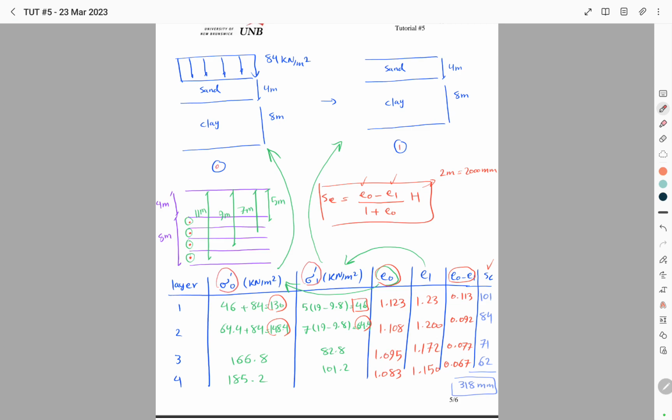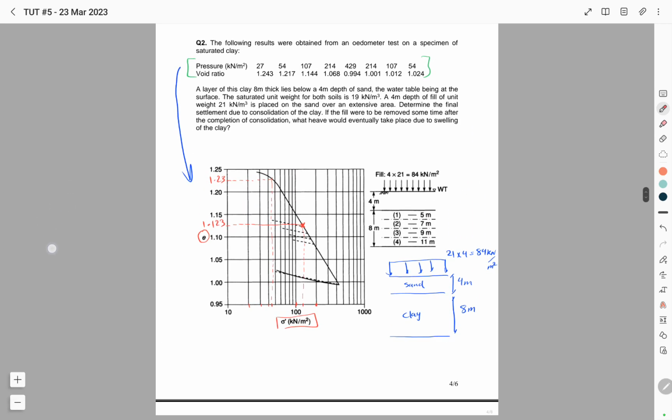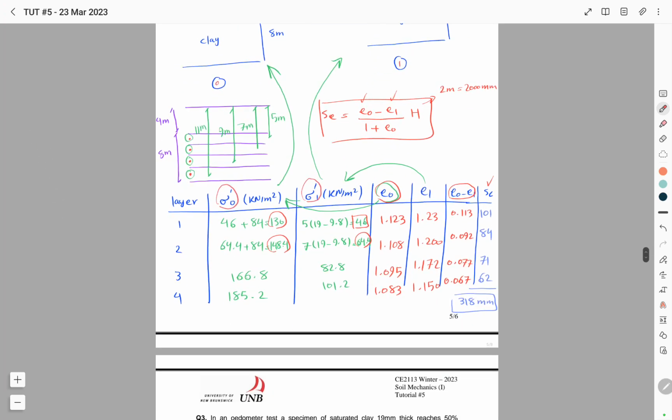And the values are calculated in the same way that we explained in the previous part, and the corresponding void ratios are going to be determined using the same method, using the graph. And the only thing that we're going to change is these two columns.